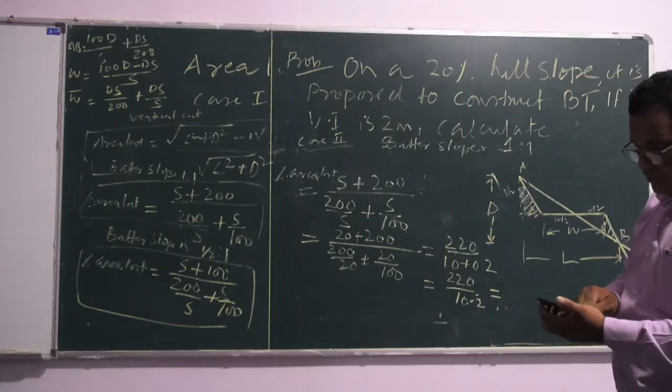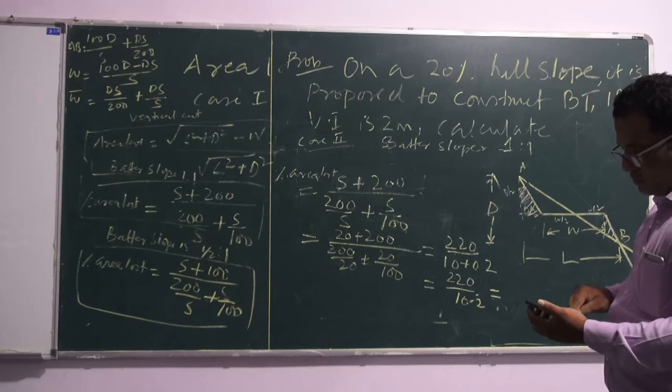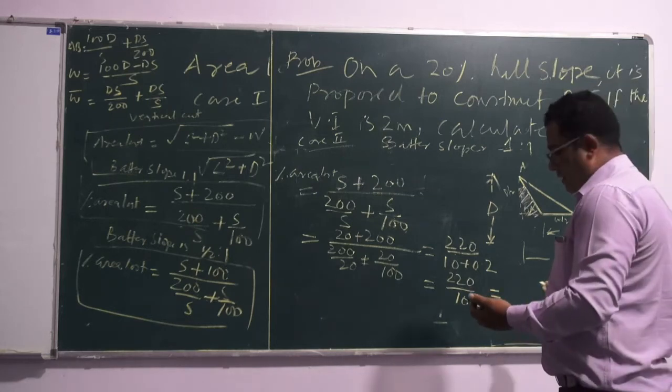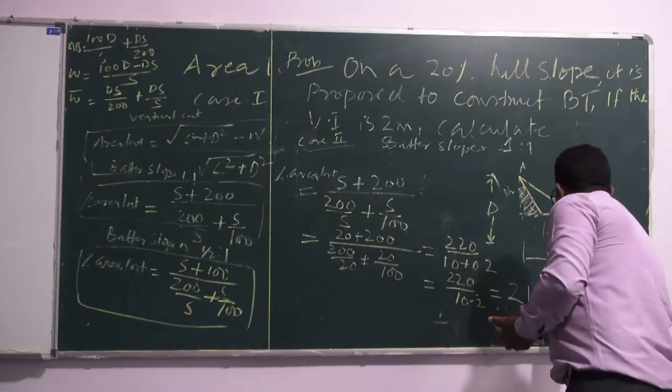This is 220 divided by 1.2. So this is coming out to be 21.6%.